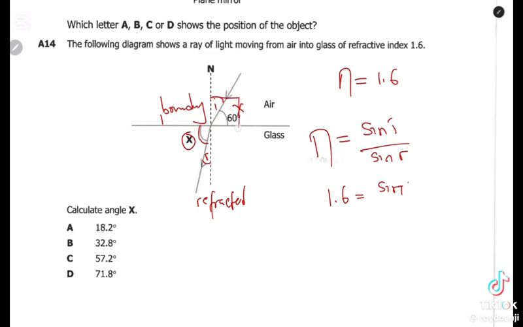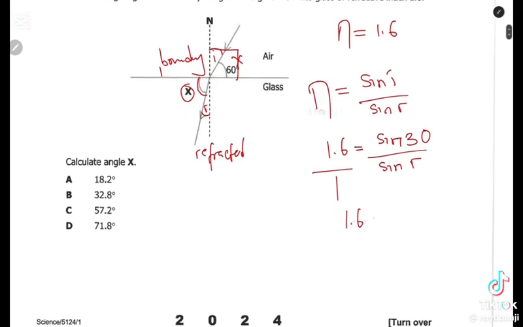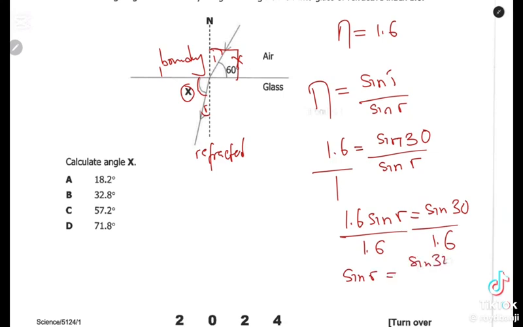The whole of this is 90, so 90 minus 60, the angle of incidence is 30. So sine 30 divided by sine r. We cross multiply: 1.6 sine r is equal to sine 30. Divide by 1.6 on both sides, so I remain with sine r is equal to sine 30 divided by 1.6.